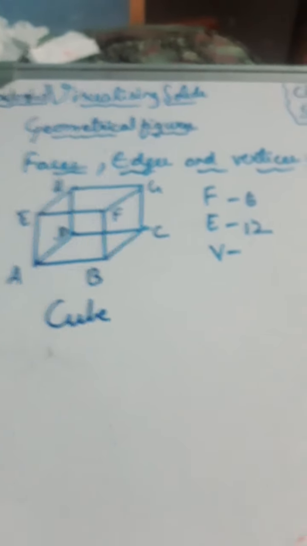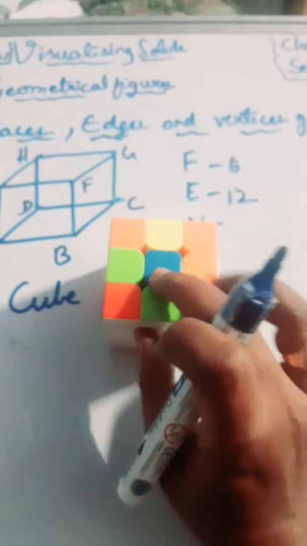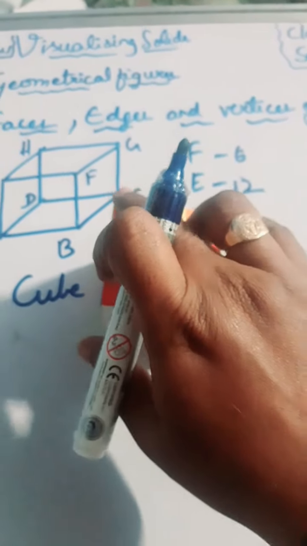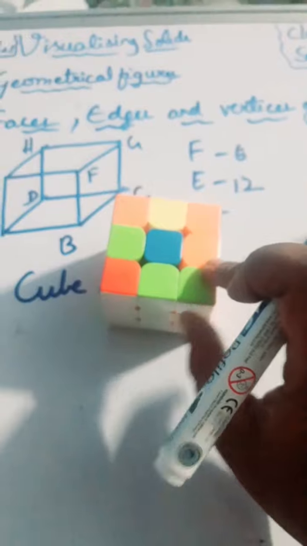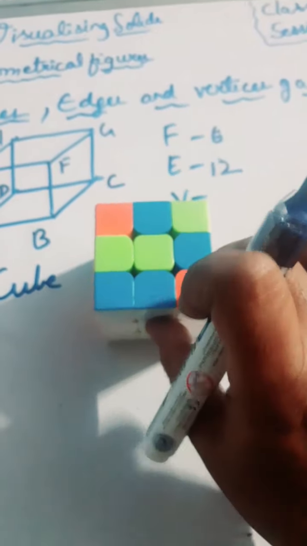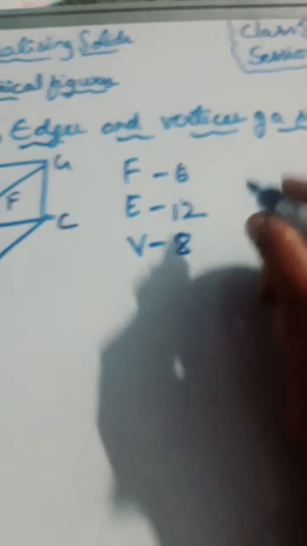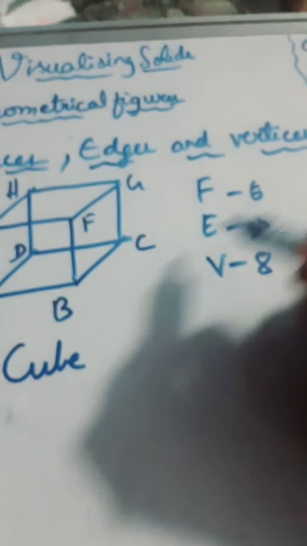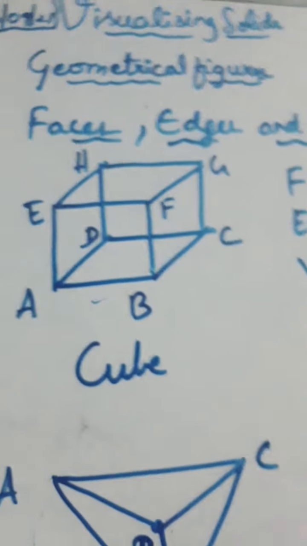How many vertices are there? Vertex means corner, children. Above we have 1, 2, 3, 4 and below we have 1, 2, 3, 4. So 4 plus 4 is 8. In this way we have 6 faces, 12 edges and 8 vertices in the cube.